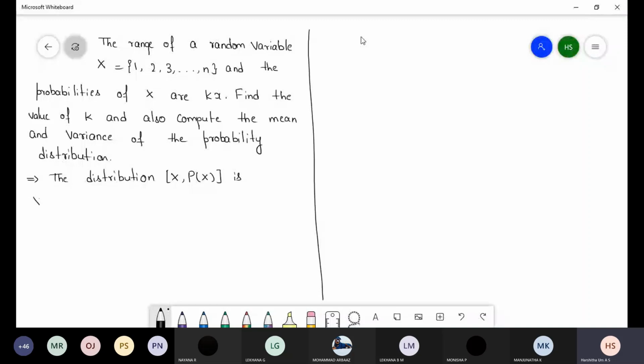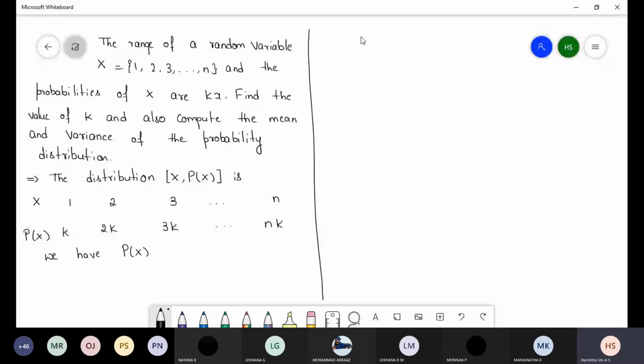So they have given the random variable starts from 1, 2, 3 up to n, and the probabilities of x are k into x, means k into 1 is k, k into 2 is 2k, 3k up to n into k. Again we have to mention the two conditions, p of x is greater than or equal to 0 and summation of p of x is equal to 1.